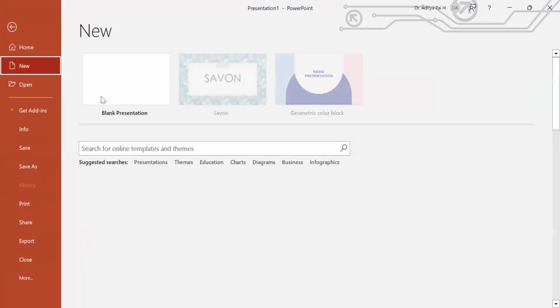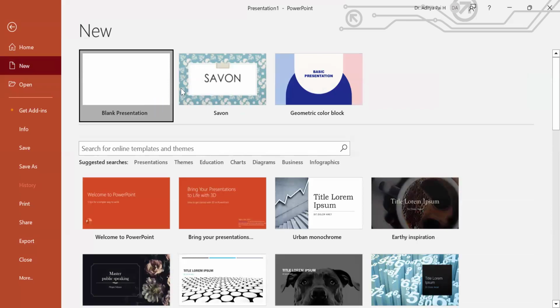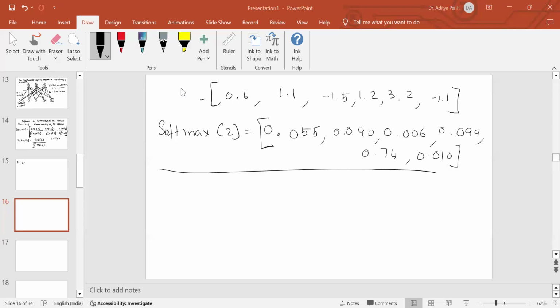Let me take another window for that matter. Okay, so another PPT. Now let's see the two layer neural network with scalar output.